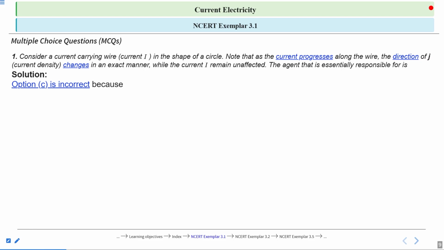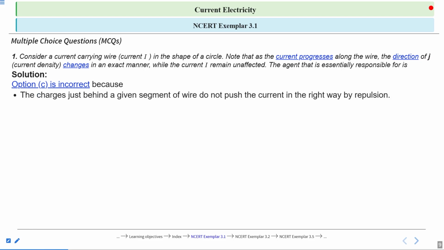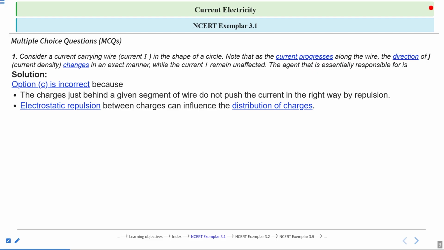So option C is also incorrect. Why? The charges just behind a given segment of wire do not push the current in the right way by repulsion. Electrostatic repulsion between charges can influence the distribution of charges, but not that much.